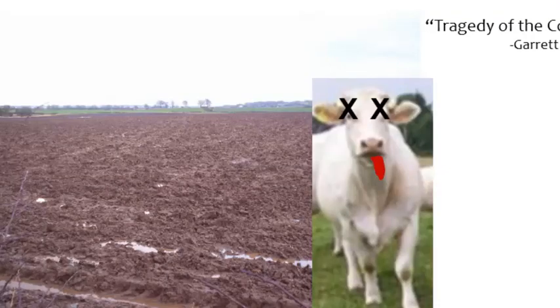Since there was no cost to an individual, the more livestock a person brought, the more profit they made. There was an individual incentive to use more of this public resource. More and more animals brought in more and more money.